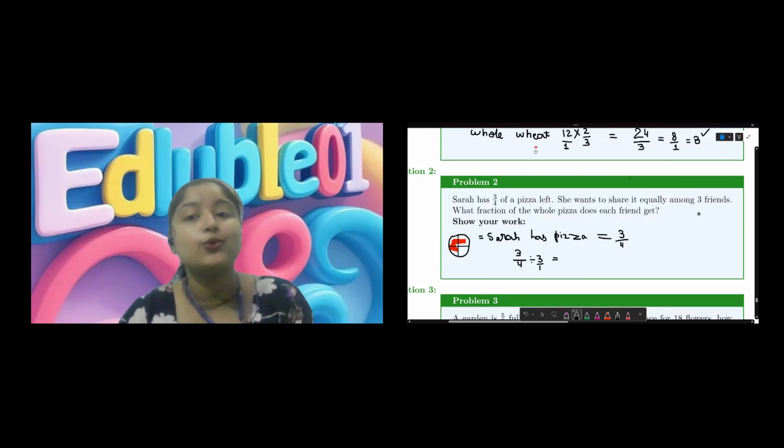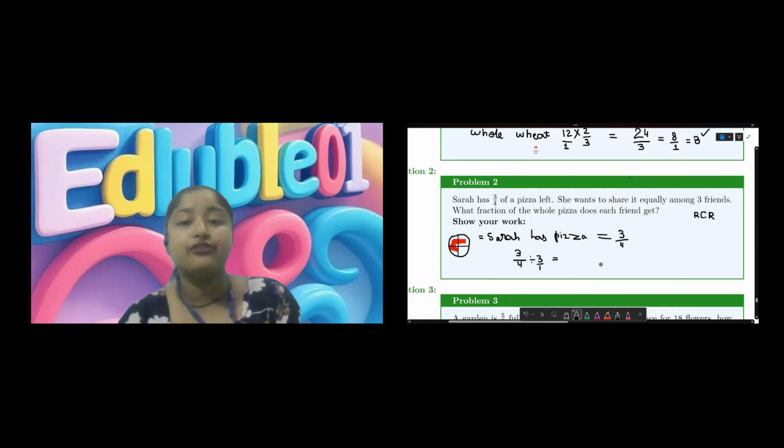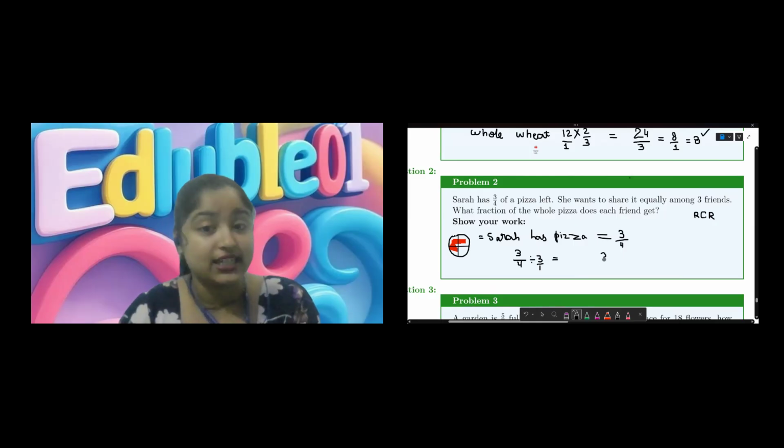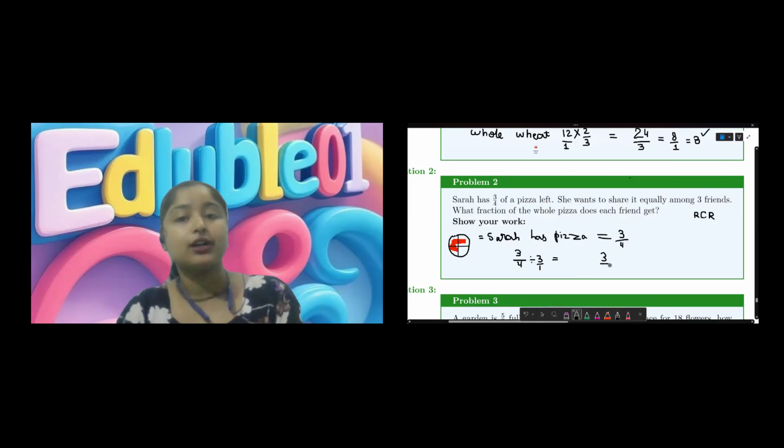And remember the rule of repeat, change, and reverse. We are going to use that same rule. What does the rule say? You need to repeat the first fraction as it is, so 3/4. Now, change.